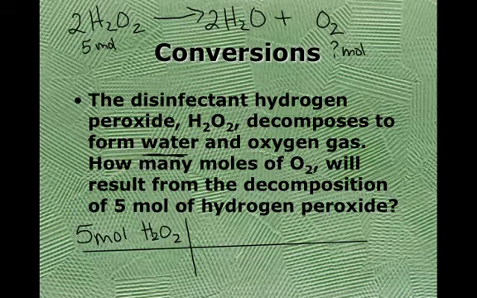What units go on bottom? Moles of H2O2. And on top? Moles of O2. And 1 to 2 ratio. Use our coefficients. And so 5 divided by 2 is 2.5.